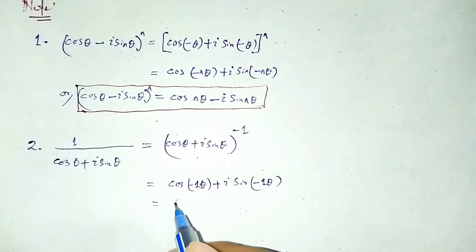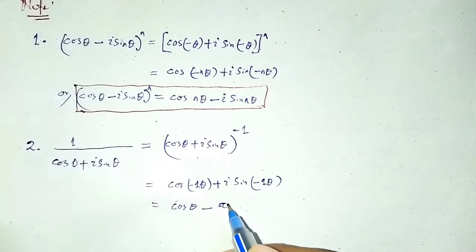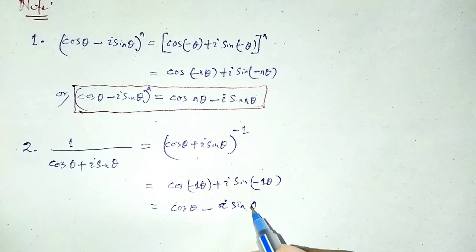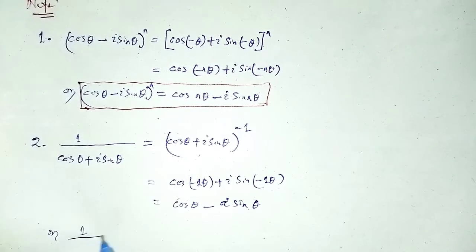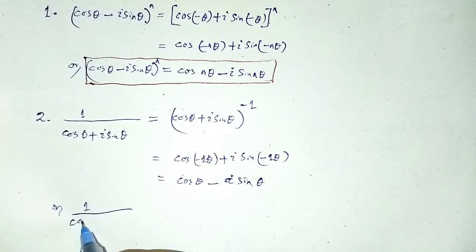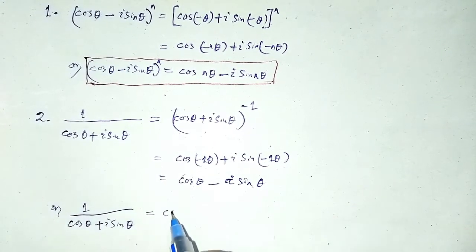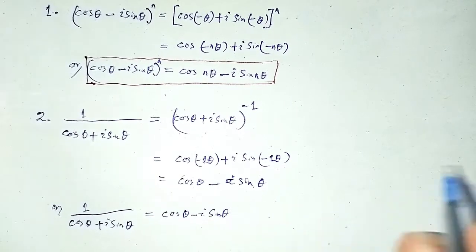So cos of minus theta is cos theta, sin of minus theta is minus sin theta, so 1 divided by cos theta plus i sin theta can be written as cos theta minus i sin theta.